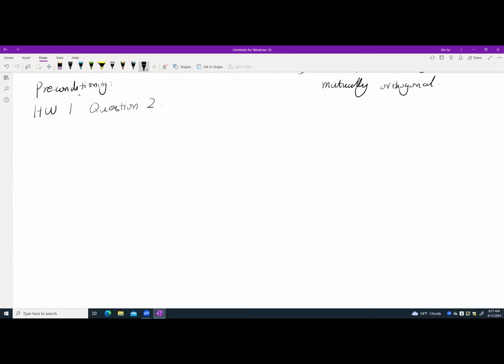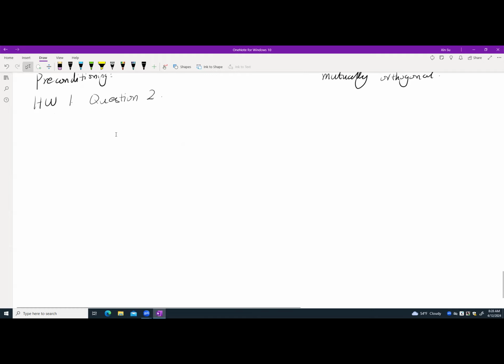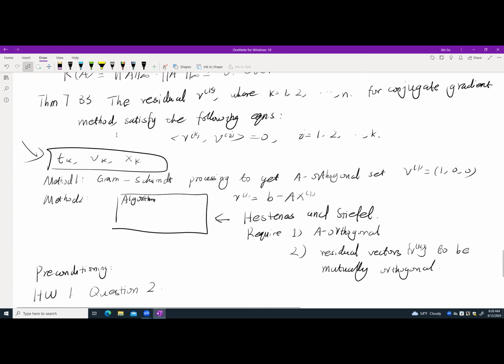I have a question about the one above: the algorithm requires the vectors to be A-orthogonal, but not also normal, right? Yes, you don't need them to be orthonormal, because a lot of the time we just need the directions, and we don't need the vectors to be unit vectors.